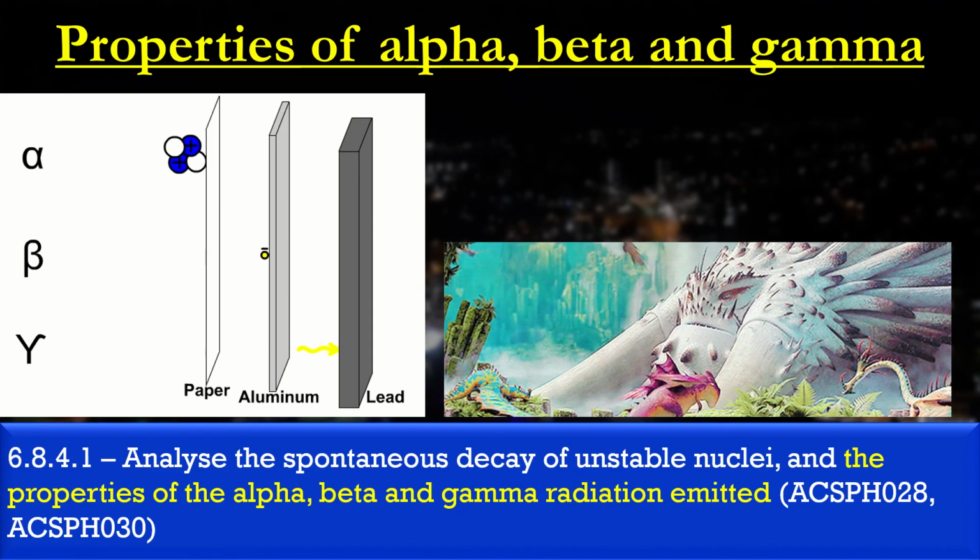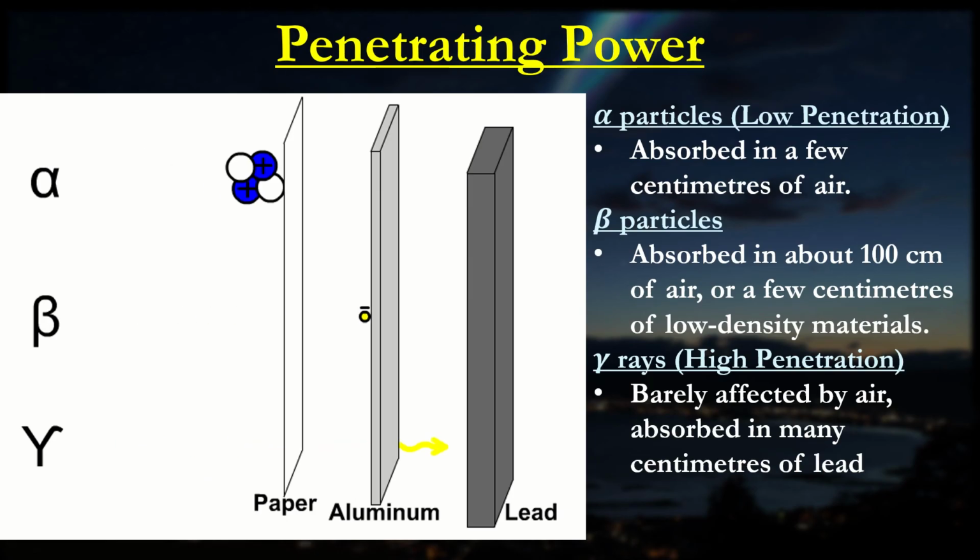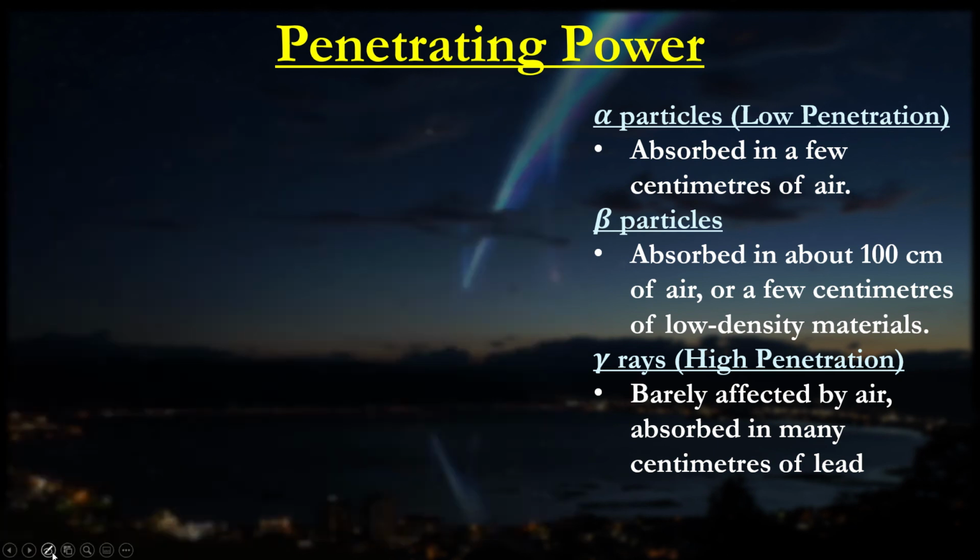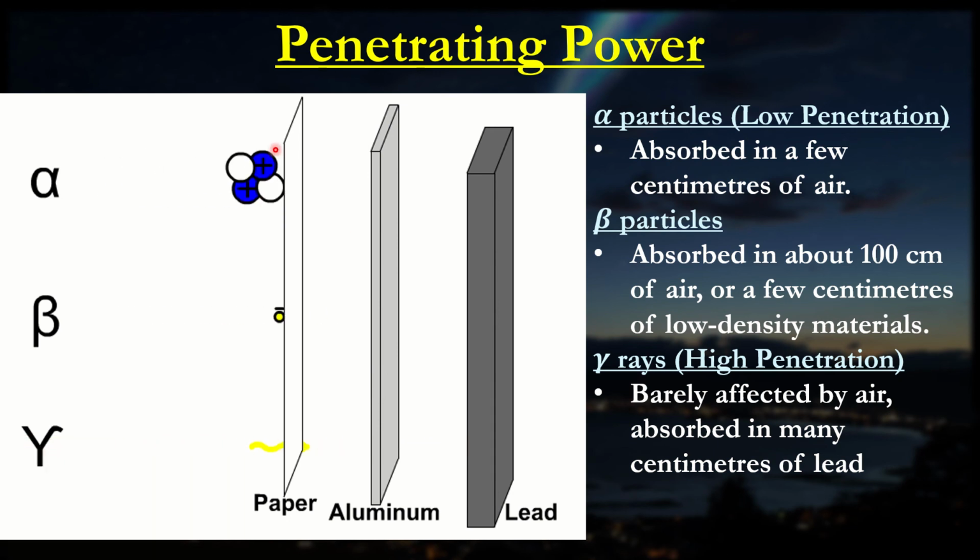Alright, so the last bit we're going to go through is looking at different properties of alpha, beta, and gamma. If we have a look in terms of the penetration power, we can see that the alpha particle can be blocked by a piece of paper, beta goes through the piece of paper and is blocked by aluminium, and then gamma needs to be blocked by lead.